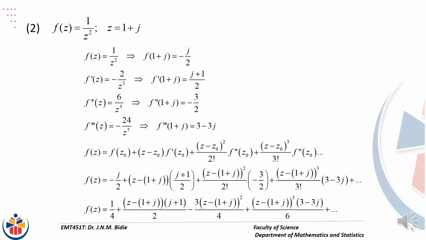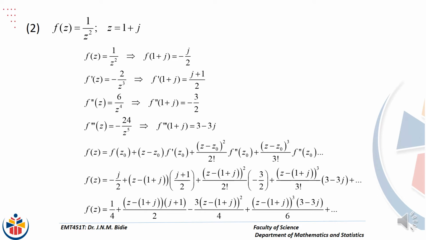Then f prime of z gives us negative 2 over z cubed, and then we substitute 1 plus j. And then the second derivative of f, we got 6 over z power 4, substitute 1 plus j in to get negative 3 over 2.